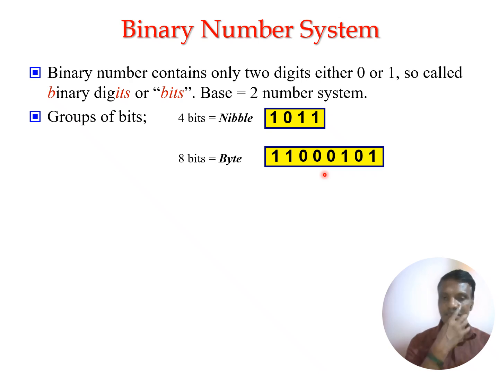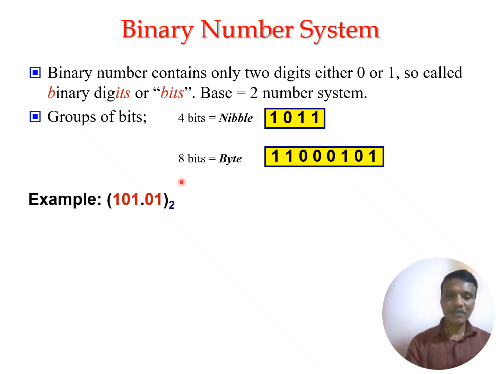So 1 byte is 8 bits, for example 1 1 0 0 0 1 0 1. This group of 8 numbers is called 1 byte.